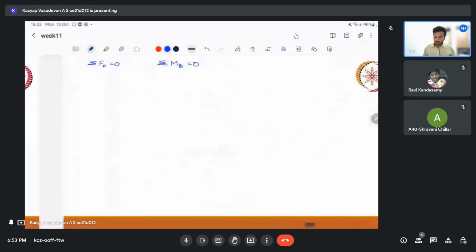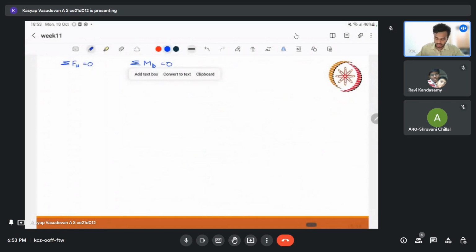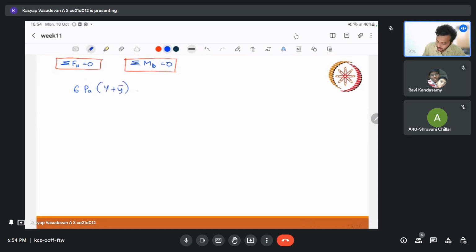I'm not going into detail because it will take a lot of time. If you solve these two for the shaded areas, we get the following formula: 6 pa, our total force, into y plus y bar, plus z square pp1 plus pp2, minus pp2 y square.